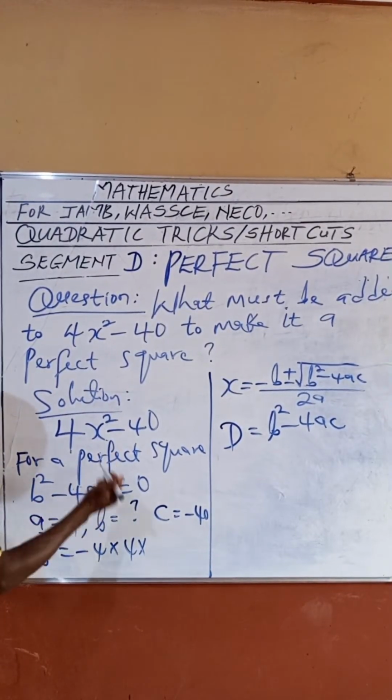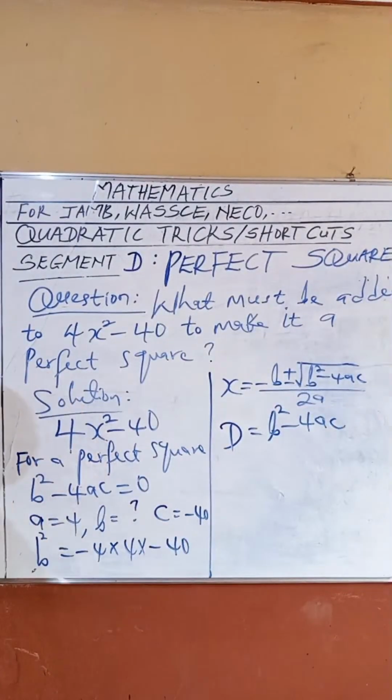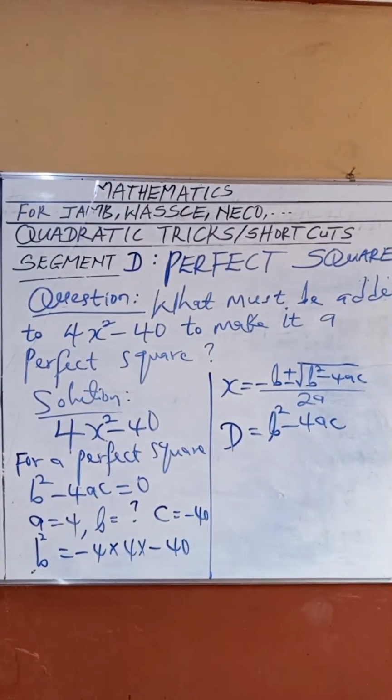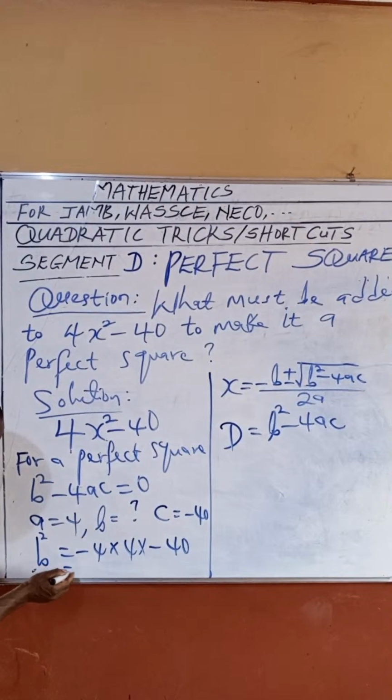What's C? C is minus 40. So this B square, 4 times 4 is 16, right?